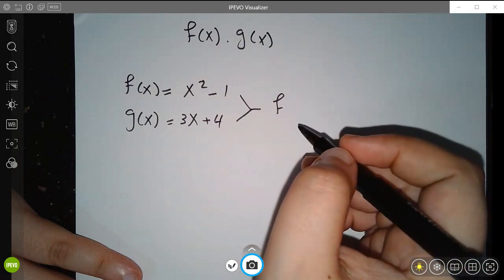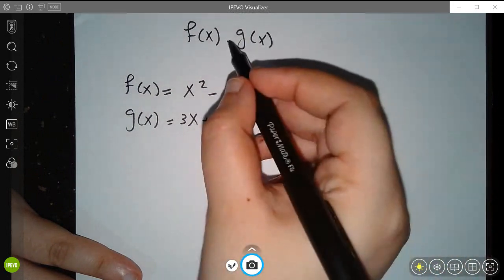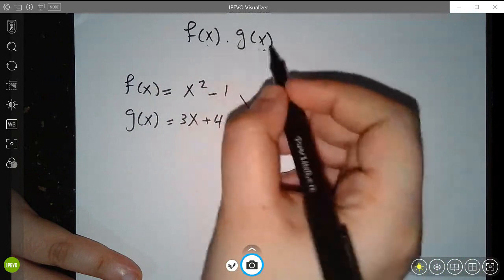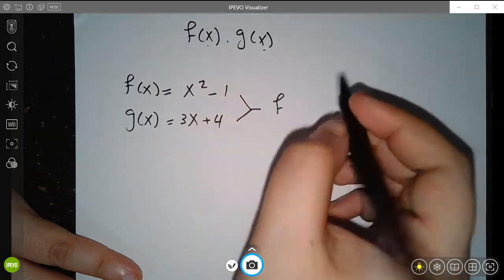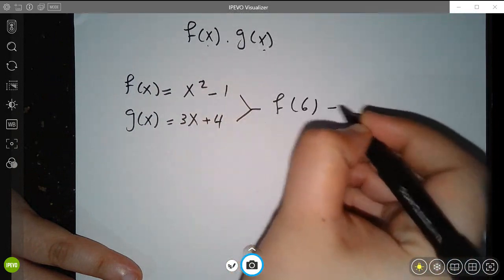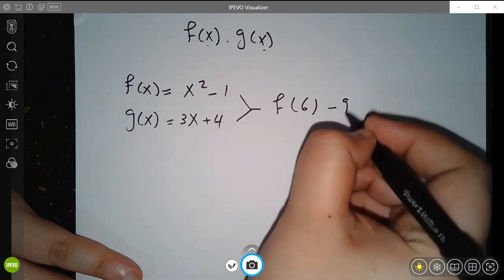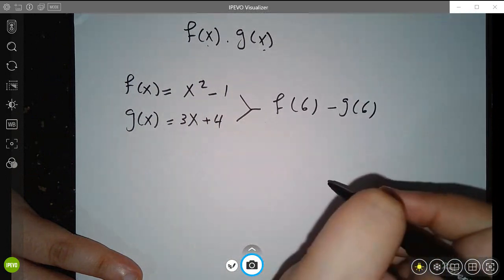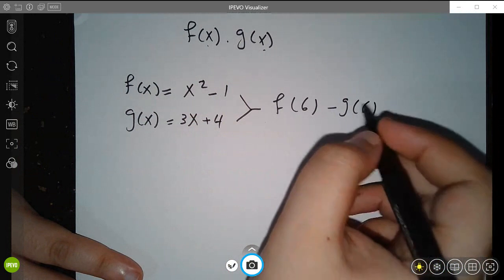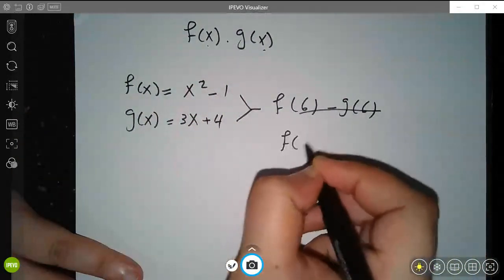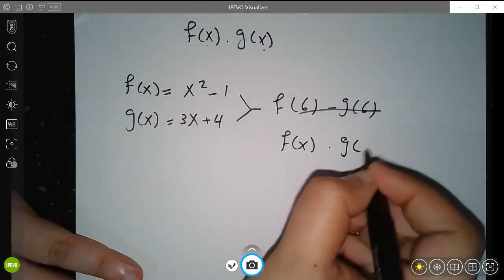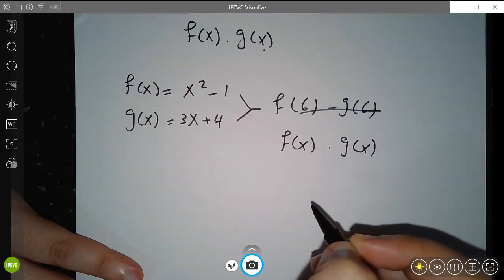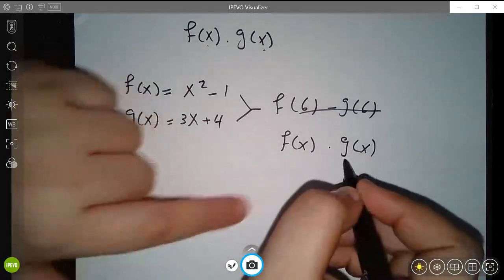Do you want me to use a number, like multiplication where I'm just using the value of x, or do you want me to insert a number? F of 6, for example. Yeah, value of x? Okay. So f of x times g of x. I'm going to multiply these two.